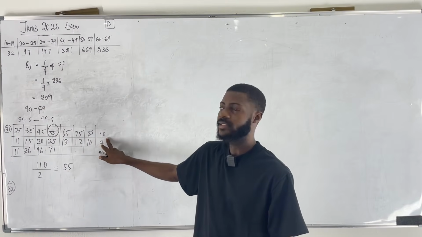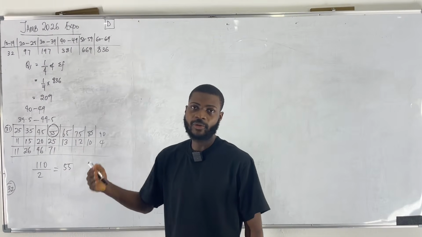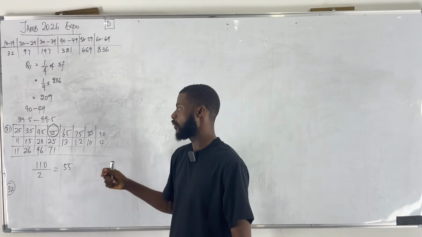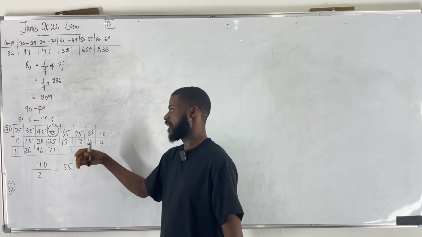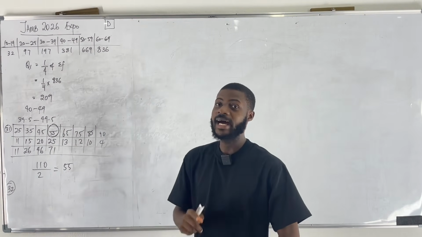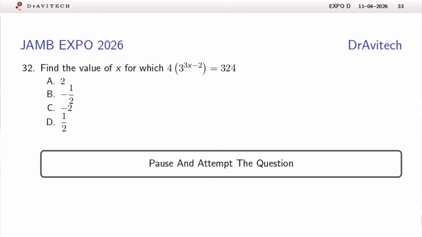So remember, to get your median in a table like this, cumulative frequencies are very important. So in those other ones, go and watch them. I've actually solved something like this. So that's why I was a little bit fast. And I have an online class in the next 20 minutes. Okay, so let's look at question 32. So this is 4 brackets, 3 to the power of 3x minus 2 equals 324.